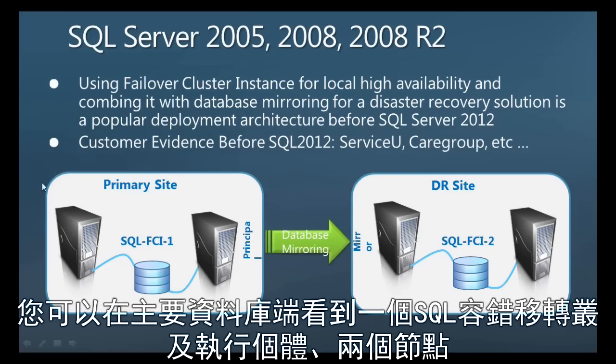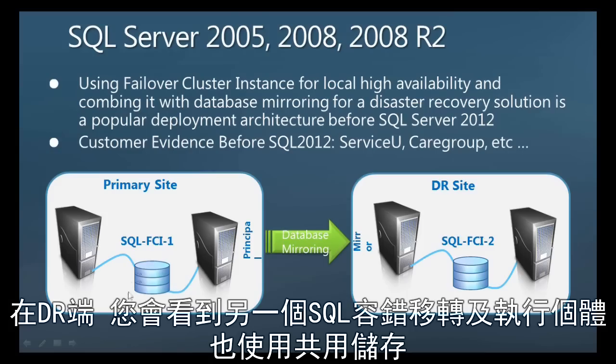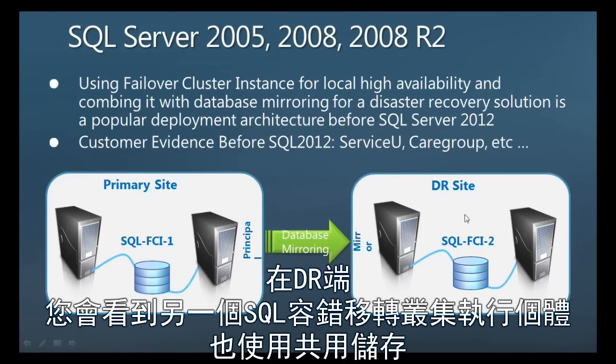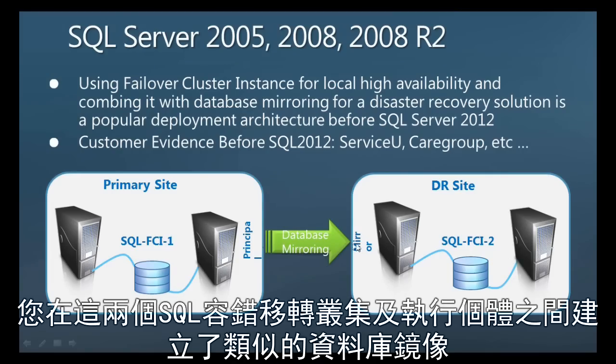You can see that in the primary side, you have a SQL failover cluster instance, 2 nodes, and they use a shared storage. In the DR side, you have another SQL failover cluster instance, and they use a shared storage too. And you set up database mirroring between these 2 SQL failover cluster instances.